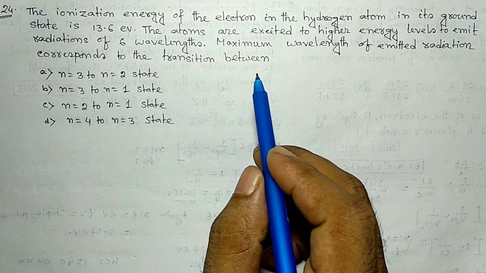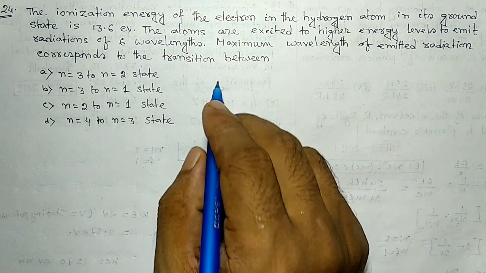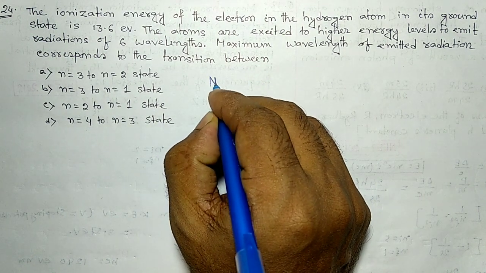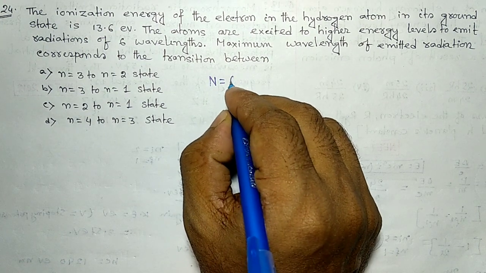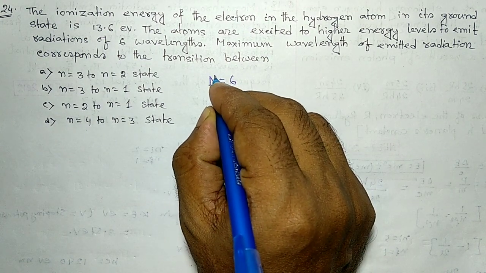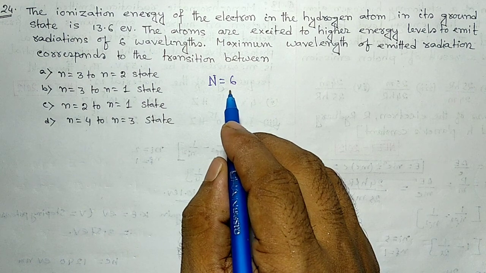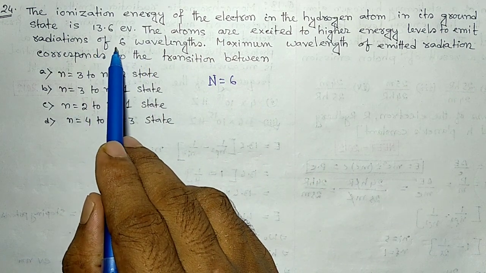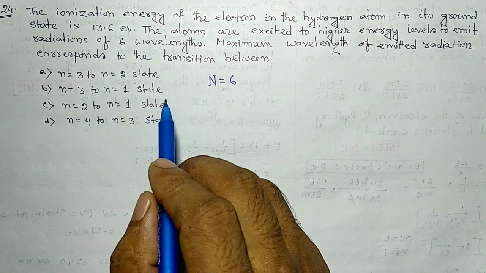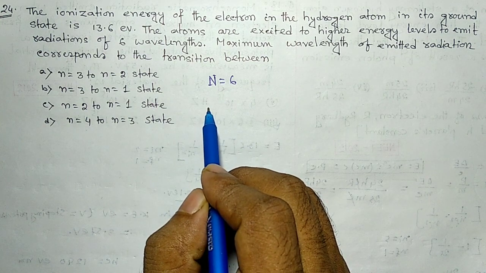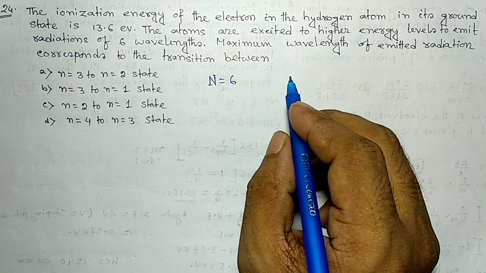So in that case we are given N is equal to 6. N is the total number of transitions. 6 wavelengths means 6 transitions are made here.